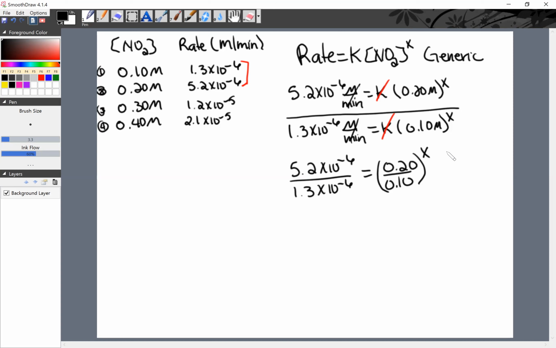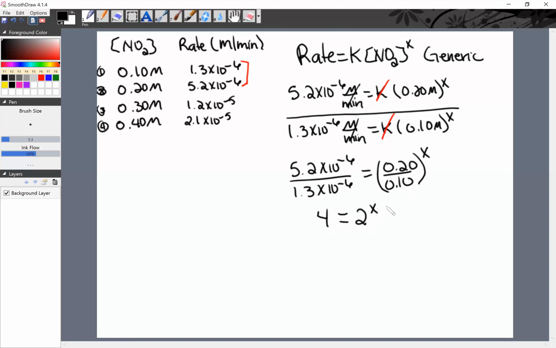All right, if we calculate this out, 5.2 times 10 to the minus 6 divided by 1.3 times 10 to the negative 6 is a big old 4. Now, experimental data really doesn't ever work out that nice. 0.2 divided by 0.1 is a 2.